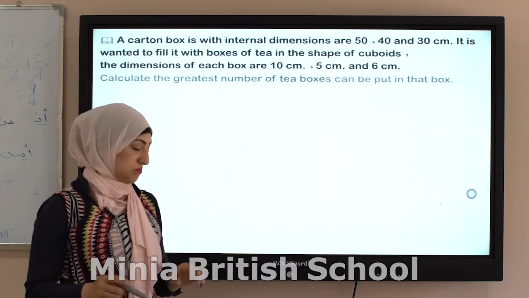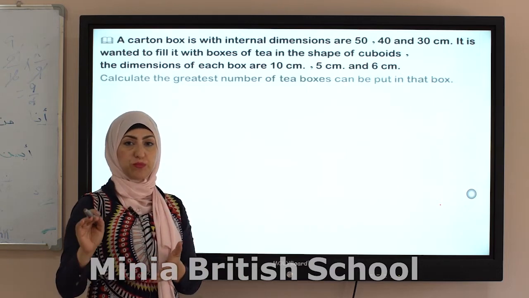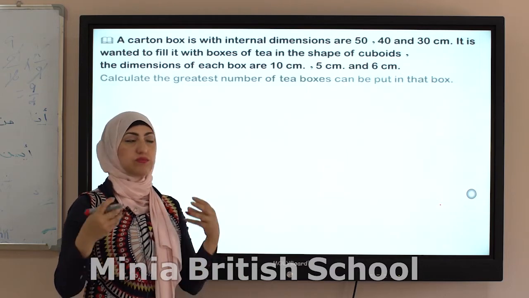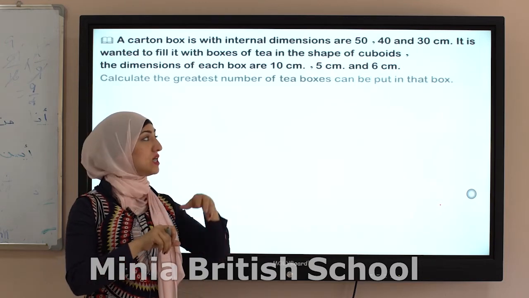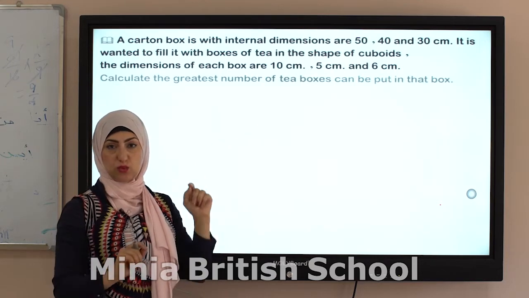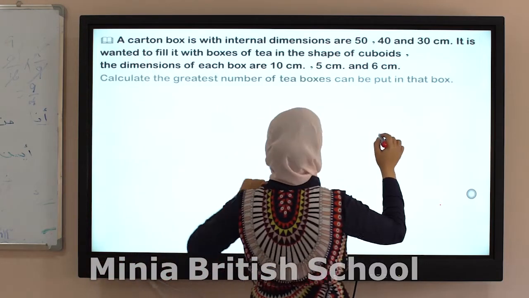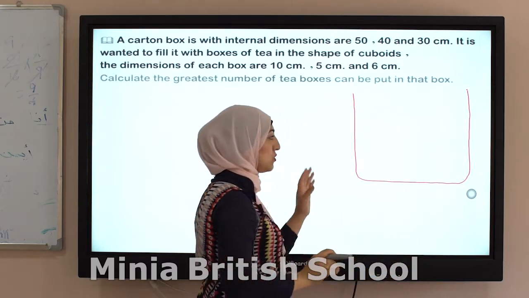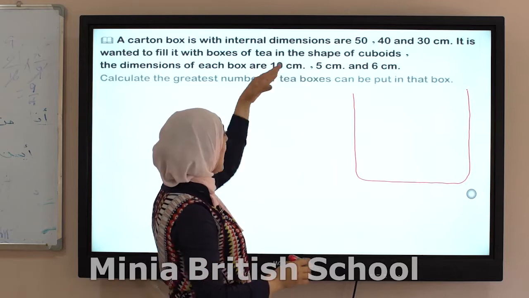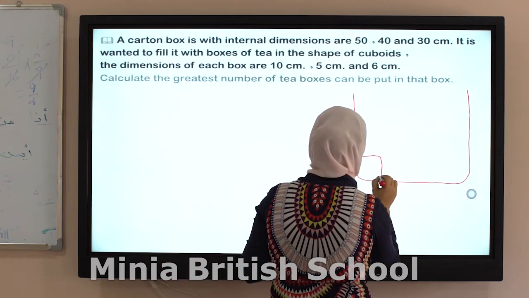What does that mean? I want you, when you solve a word problem, to read it part by part and try, if you want to draw it, okay, to imagine the shape of it. Here I have a carton with the shape of cuboid, and I want to fill it with boxes of tea.